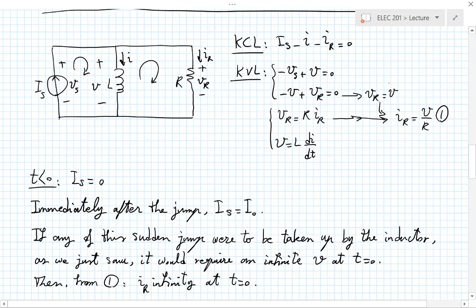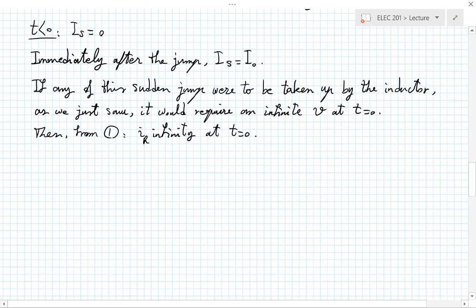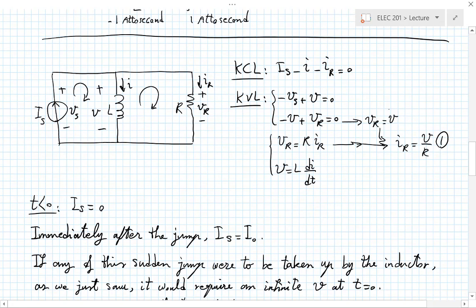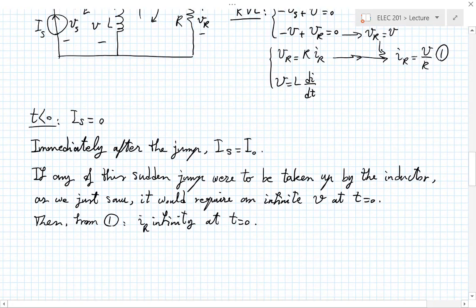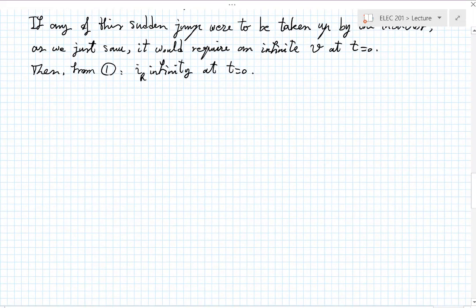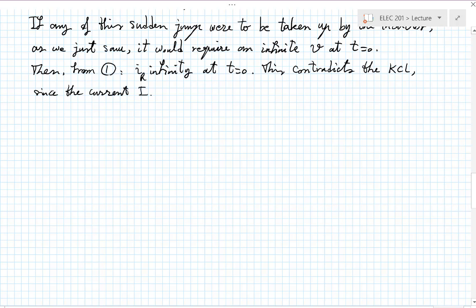OK. So I'll leave it at that for now, but I'll ask you guys to think a little more about it at home on your own. So the KCL will tell us, because IS is simply bound to I naught, we can't have the infinite current IR. So I'll say this contradicts the KCL, since the current IS is not infinity.